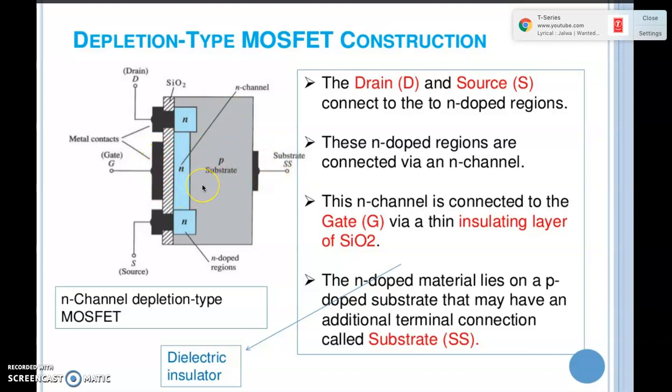We have seen that the metallic terminals are taken for source, drain and gate, and one more metallic terminal is taken out from the substrate, denoted by SS.